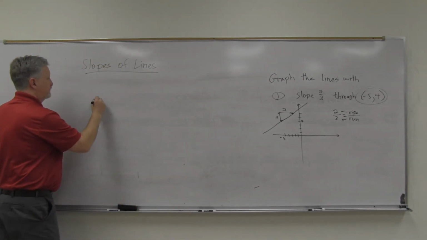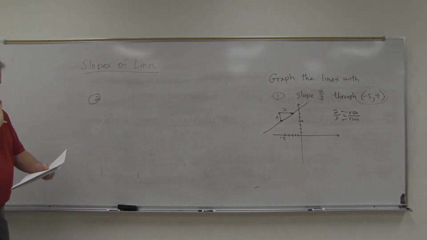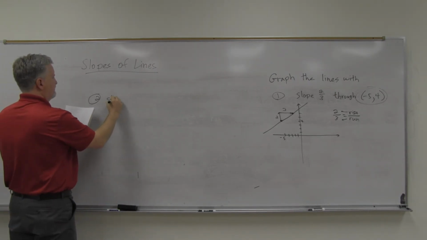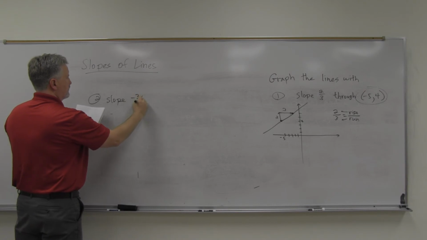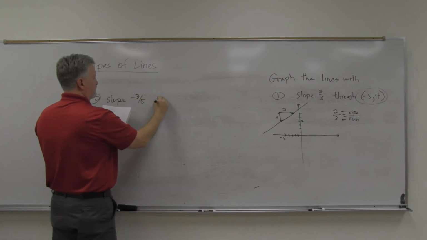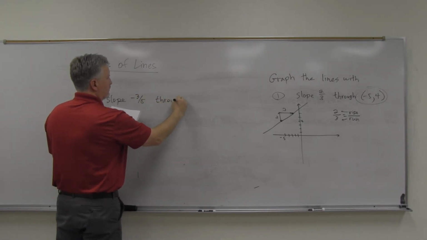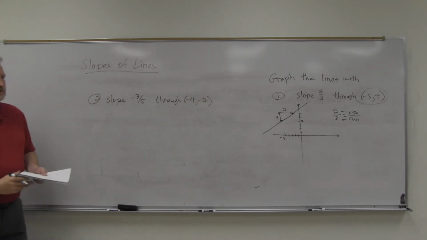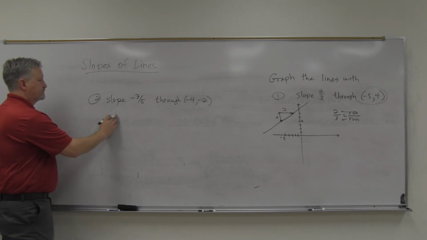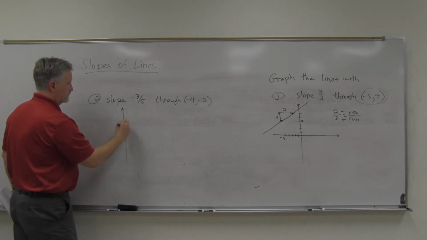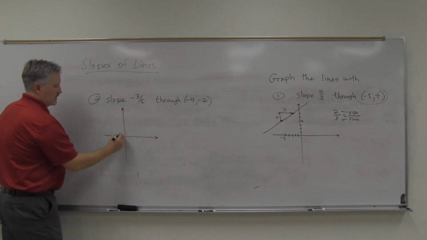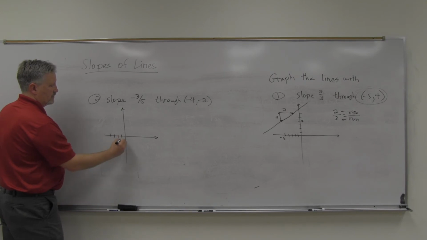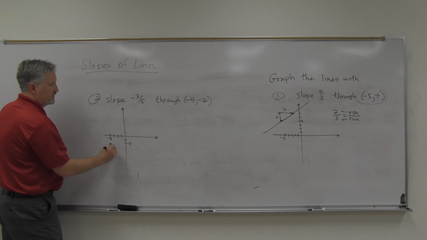Number 2. How about slope -3/5 through -4, -2? Well, -4, -2 is down here, okay?